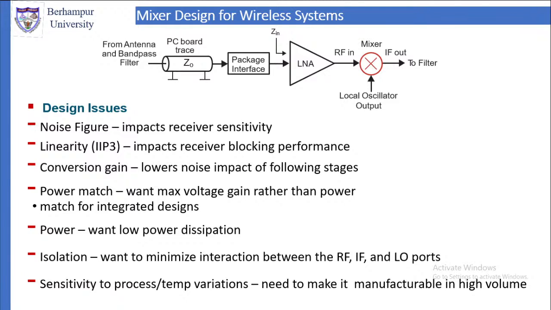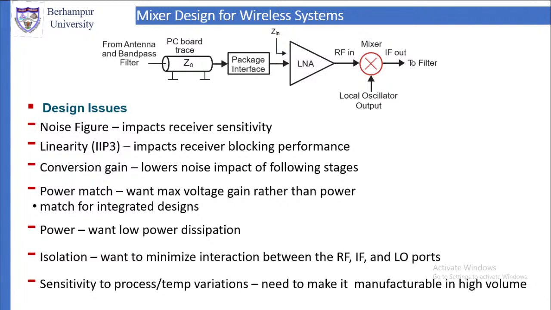First is the noise figure, because noise figure impacts the receiver sensitivity. Then the linearity, because linearity will impact the receiver blocking performance. Then the conversion gain.